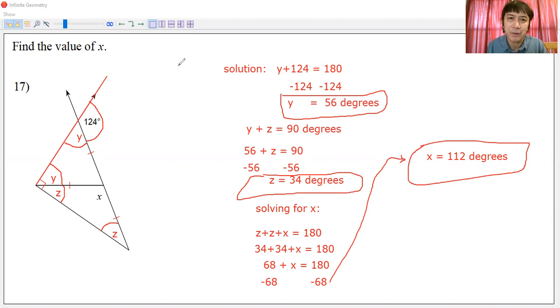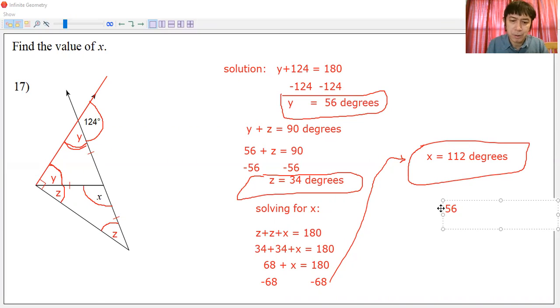You will notice if you check on this figure, this angle y added to this angle y are the two remote interior angles, and the angle x here is exterior angle to this triangle. So y plus y is x, and you can verify that. That's another way of solving it.